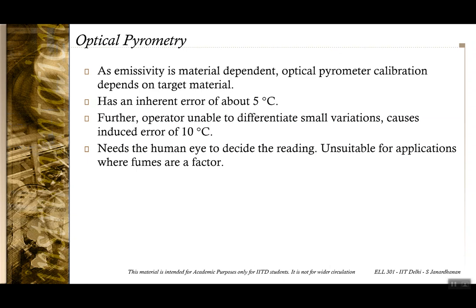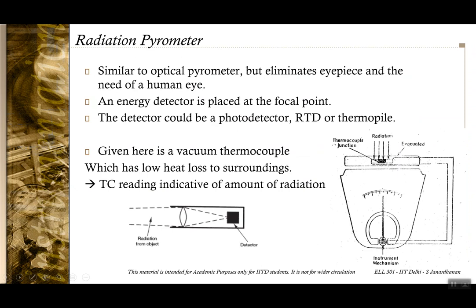So a simple solution for that is to remove the human element out of this, and here is where the usual radiation pyrometer comes into the picture, where instead of the eyepiece that is used in an optical pyrometer, you have an energy detector. The energy detector captures all the radiation and translates it to some quantity that can be measured electrically.